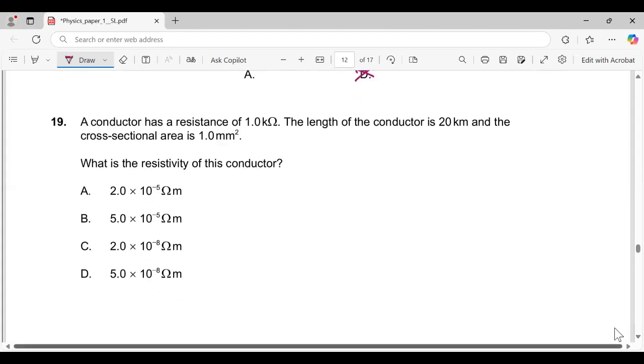A conductor has resistance of 1,000 ohm or 1 kilo ohm. The length of the conductor is 20 kilometers, and the cross-sectional area is 1 millimeter squared. What is the resistivity of this conductor? Okay.